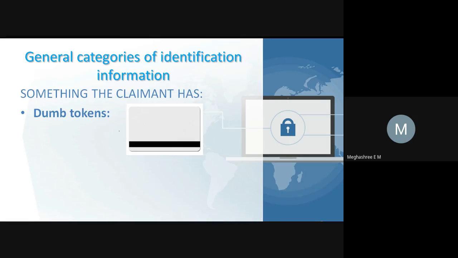So dumb tokens. If you look at this image, this is a physical device with limited memory that can be used to store identity information. Can you see this black strip here? This is the limited memory provided in this physical device where the identity information will be stored. If you have this dumb token, then a reader is required.